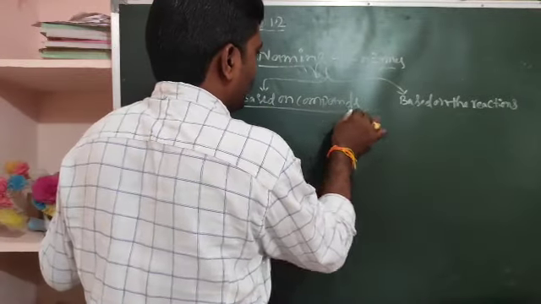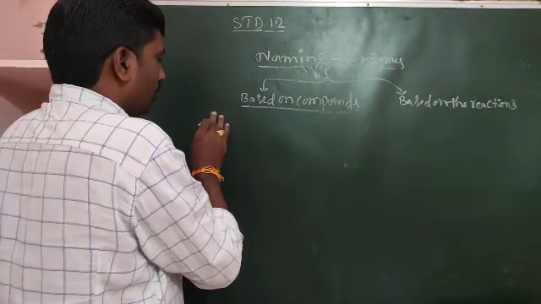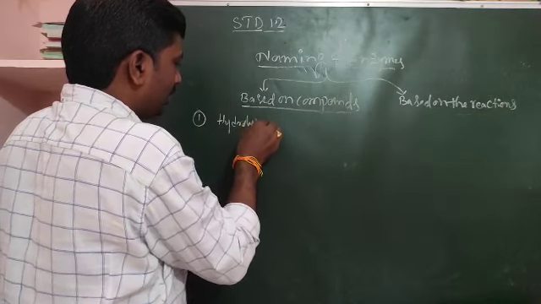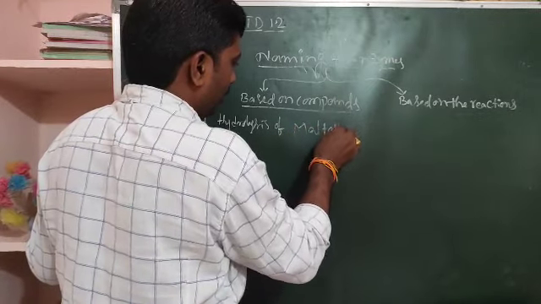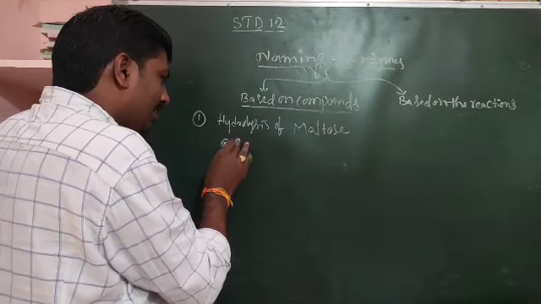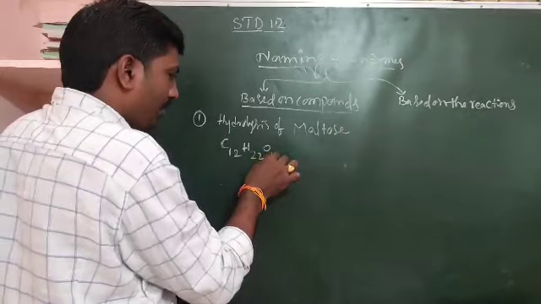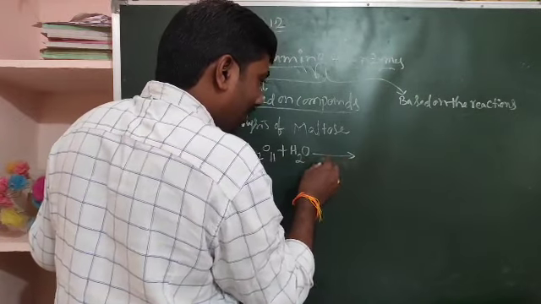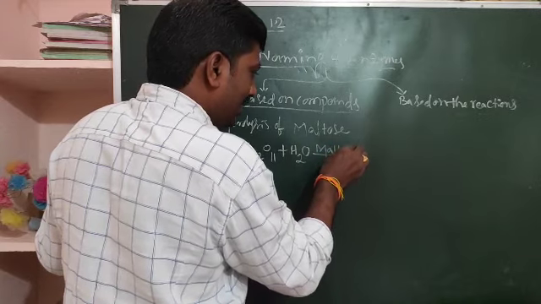First, based on the compound, how do we give enzyme names? The first one is hydrolysis of maltose. Maltose is C12H22O11, plus H2O for hydrolysis, in the presence of the enzyme maltase.